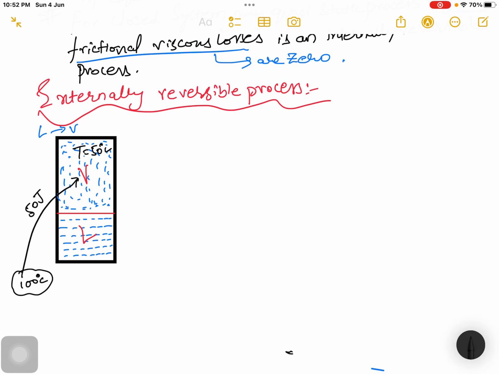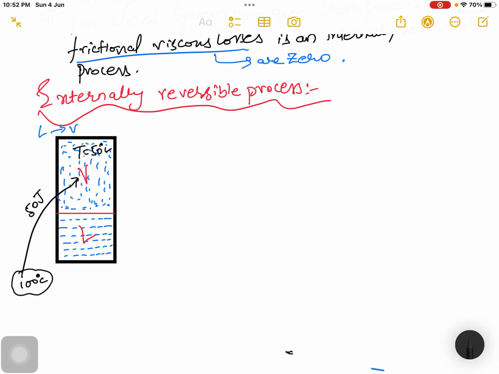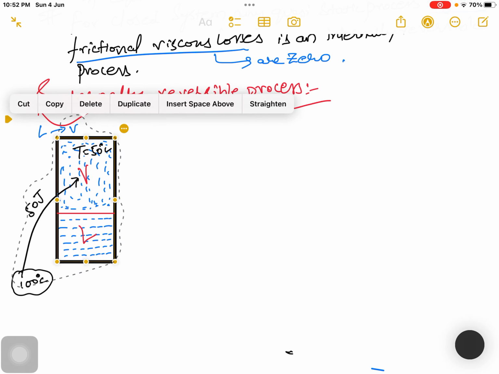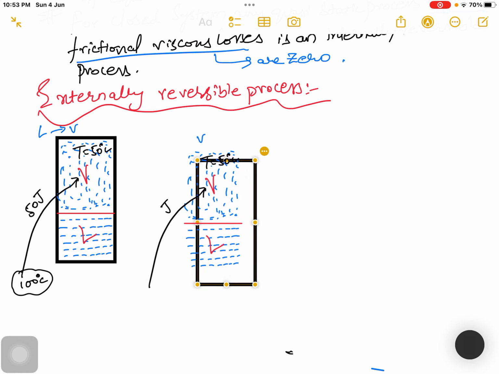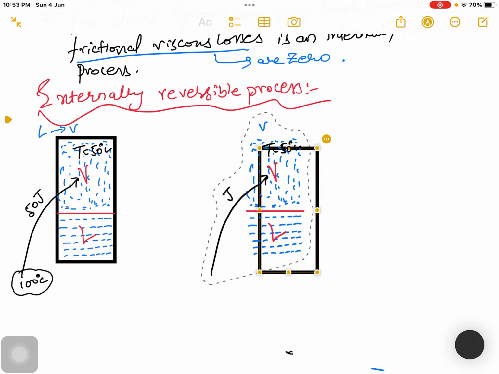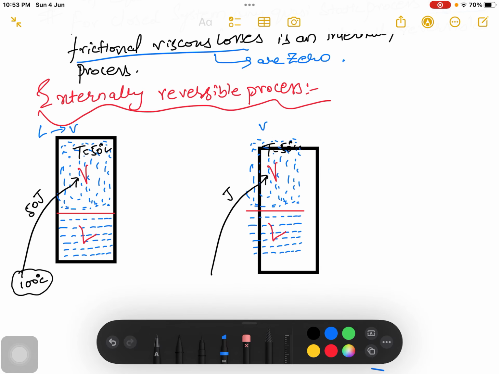What happens further is the level of vapor increases and the level of liquid decreases.